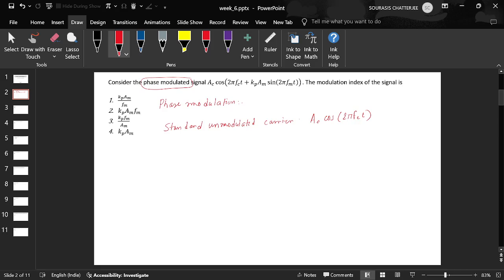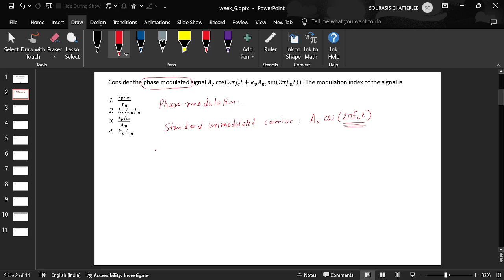So this is what your unmodulated carrier looks like. Now what we plan to modulate is the phase, that is what is inside the cos operator. That is what we plan to modulate.